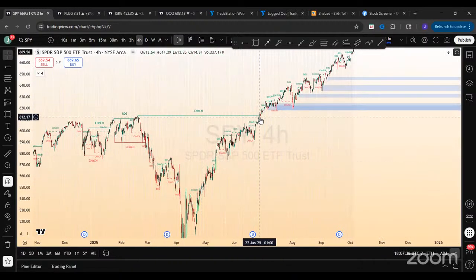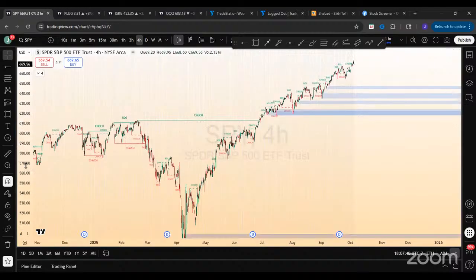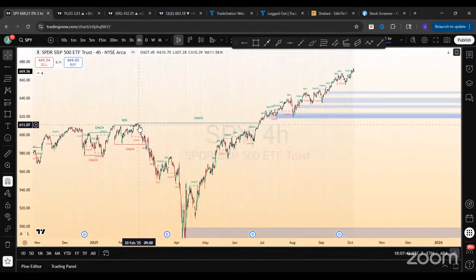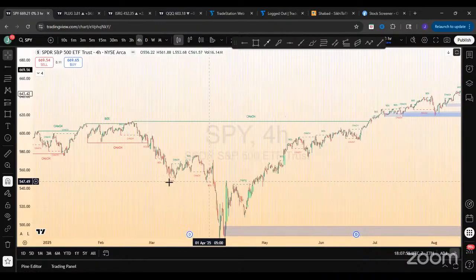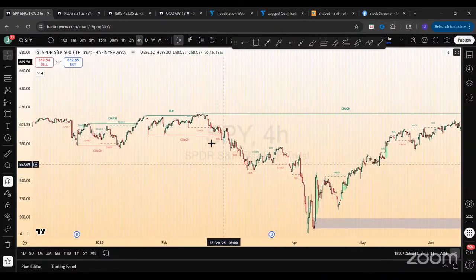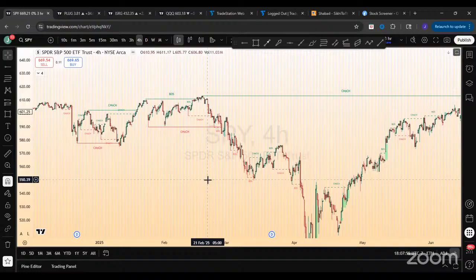Prior to June, in February, it started going down and gave us a bearish swing change of character.